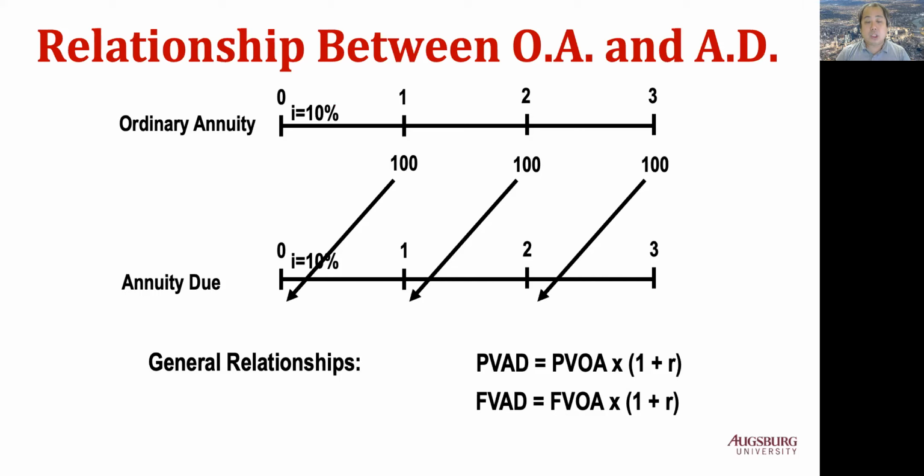So each cash flow occurs 1 period sooner, which means that the value of annuity due is always just the value of ordinary annuity times 1 plus R.